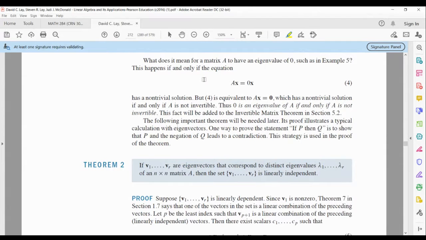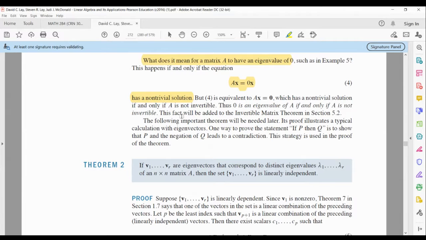Now, you can have an eigenvalue of 0 for a matrix. That can happen when A times X equals 0 times X. I want to be careful here.